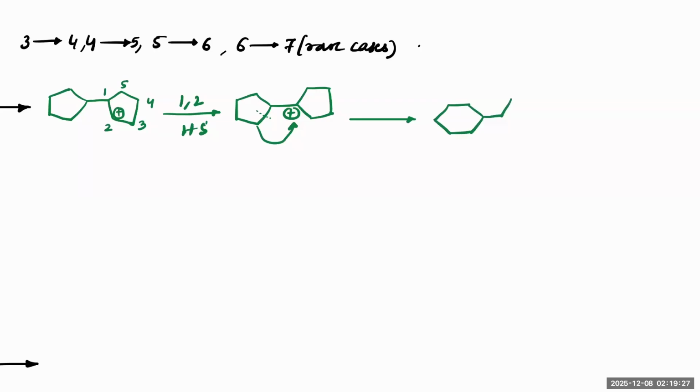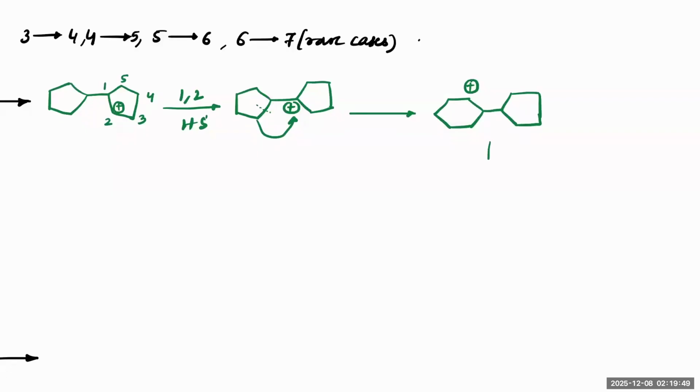And as it happens, you can get this into a 5-membered ring. Correct. As you expand that, the positive charge will come at this position, and that positive charge will be further rearranged here to get into this position.